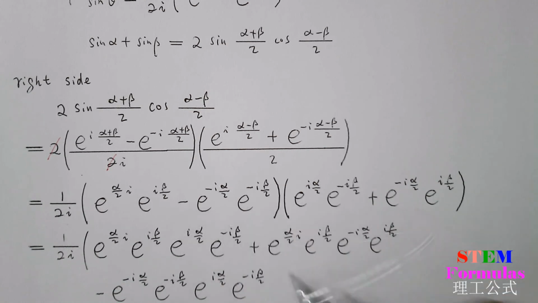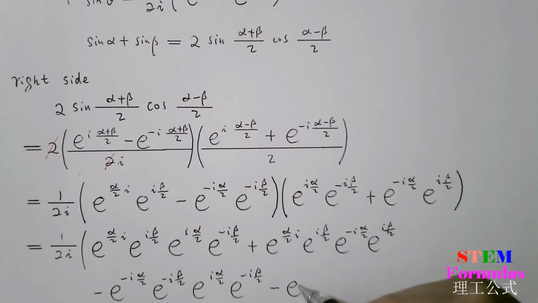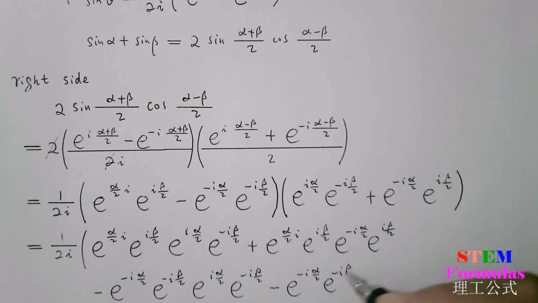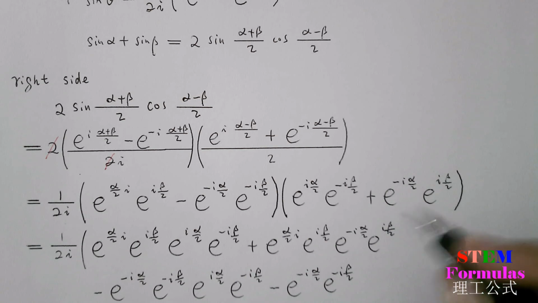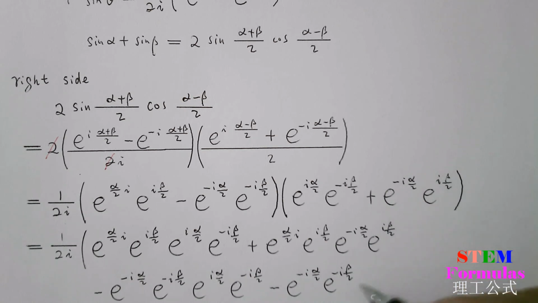Now this term times this term. So minus e to the minus I alpha divided by 2, e to the minus I beta divided by 2, then times this term, e to the minus I alpha divided by 2, I beta divided by 2. Now bracket.